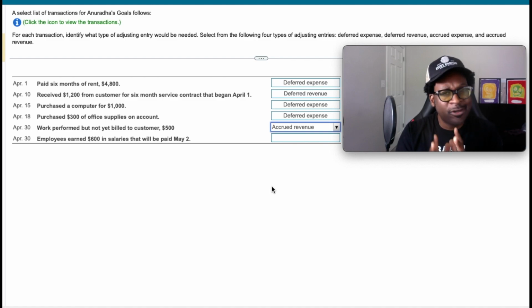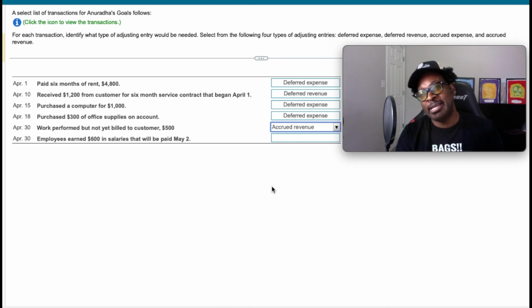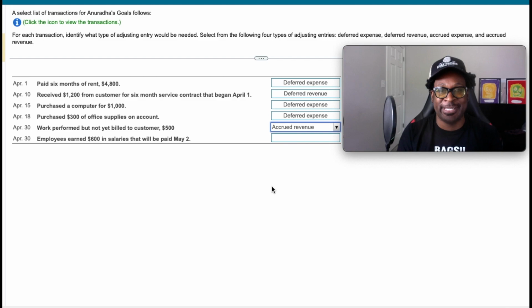However, we are not going to pay on this expense until May. So what does that make this? A perfect example of an accrued expense. By definition, accrued expenses are expenses that have happened or been incurred, but haven't been paid. And so this fits the bill perfectly as an accrued expense.